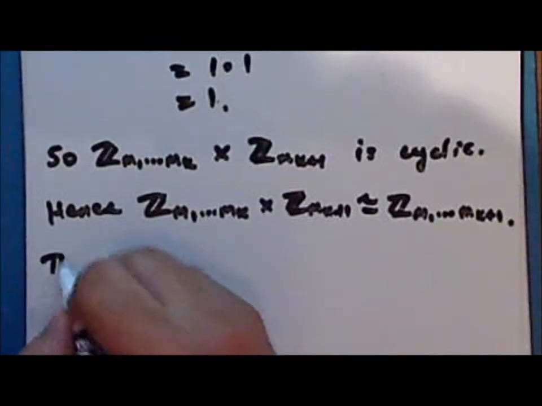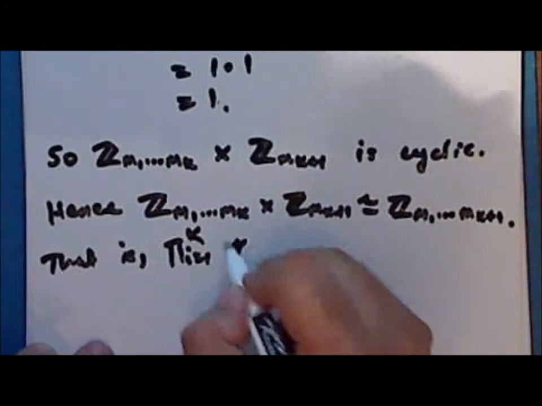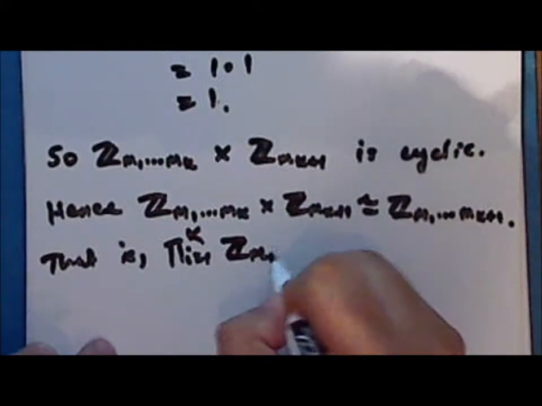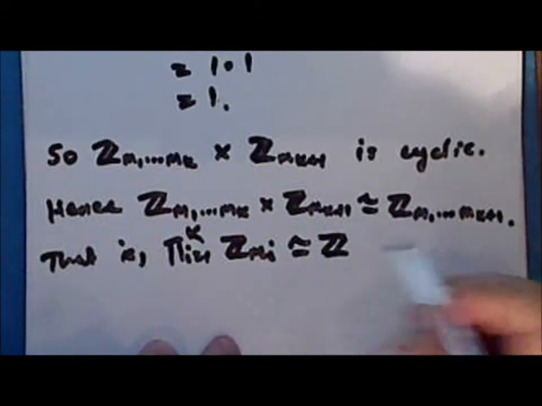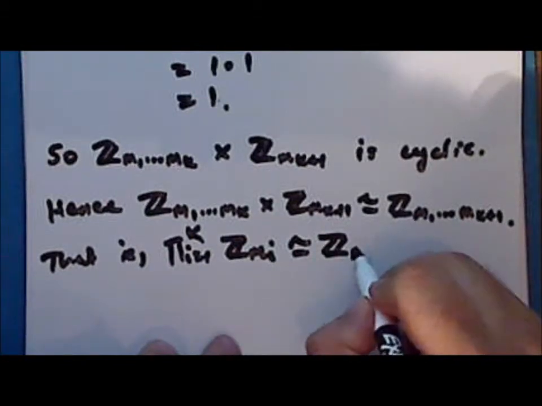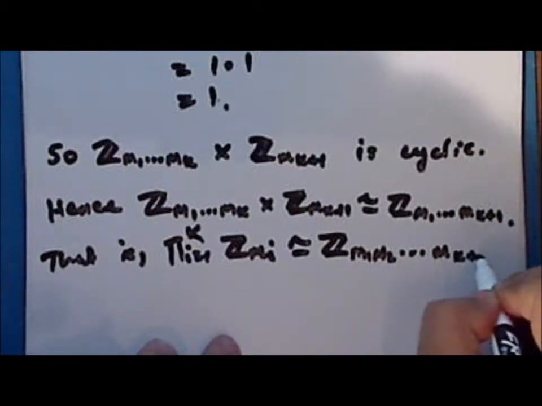That is, the product of the integers modulo m sub I is isomorphic to the integers modulo m sub 1 times m sub 2 and so on through m sub k plus 1.